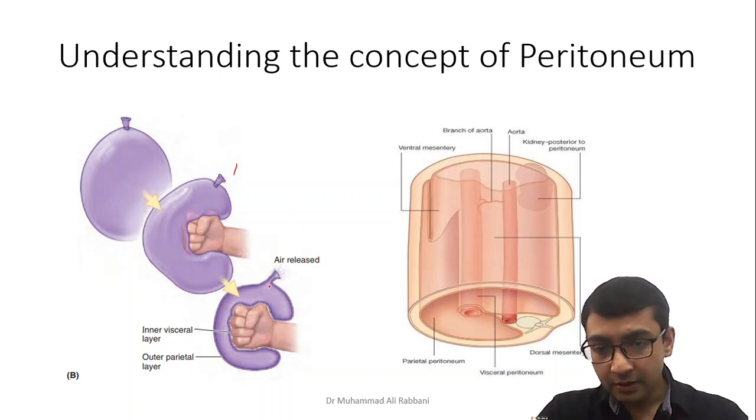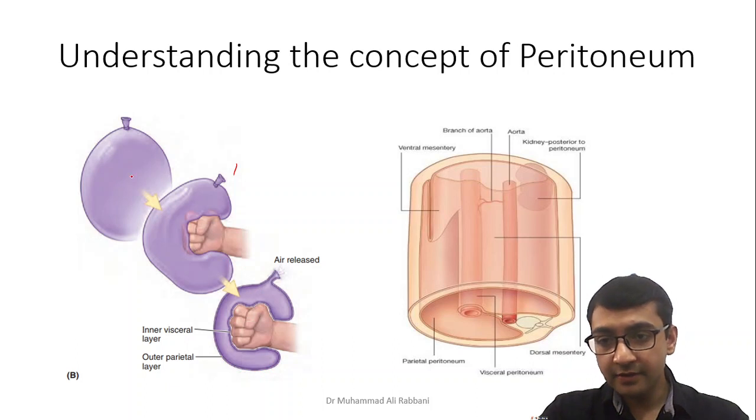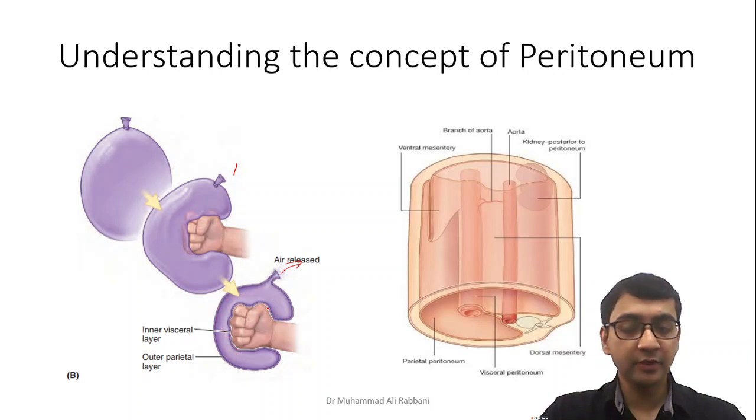The original parietal layer of serous membrane is still there, and the actual cavity that contained air has been deflated to a minimal extent. If the whole of the air is released, this space will be very small, almost negligible, or even none.